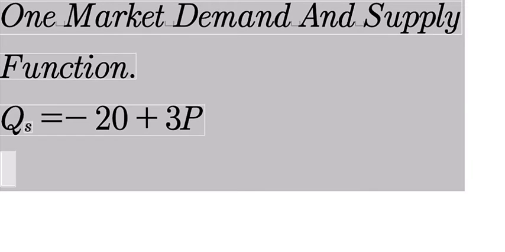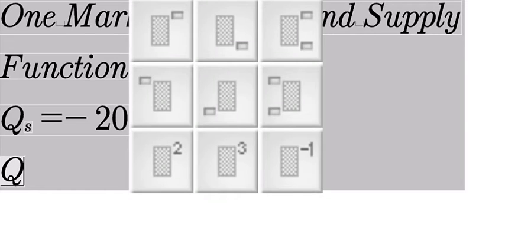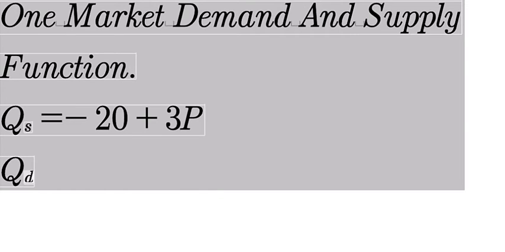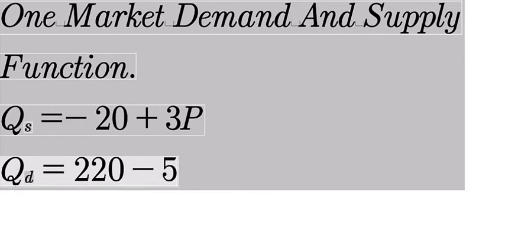Again, Q sub D, which is quantity demanded of a particular good, equal to 220 minus 5P.